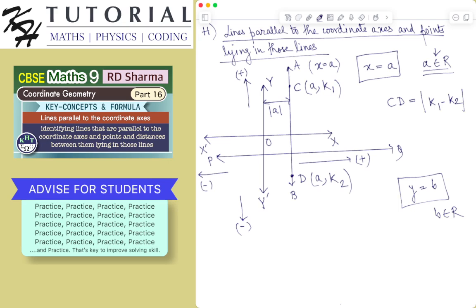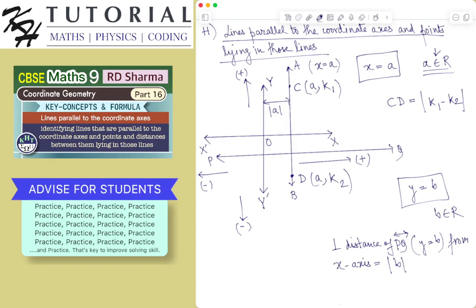Now, what will be the perpendicular distance of the line PQ, whose equation is y equals b, from the x-axis? It will be modulus of b.